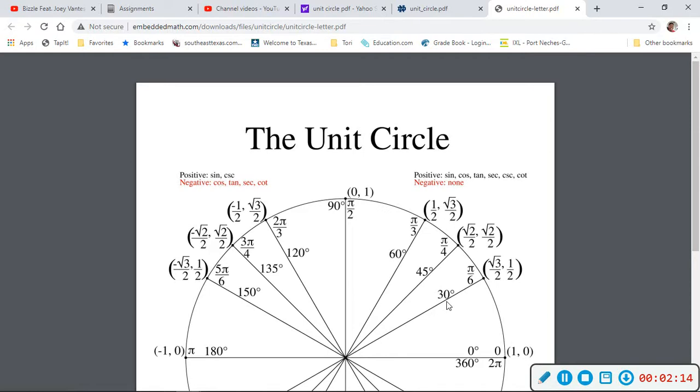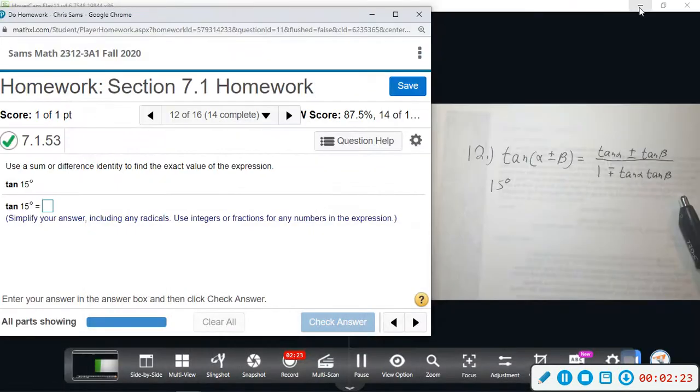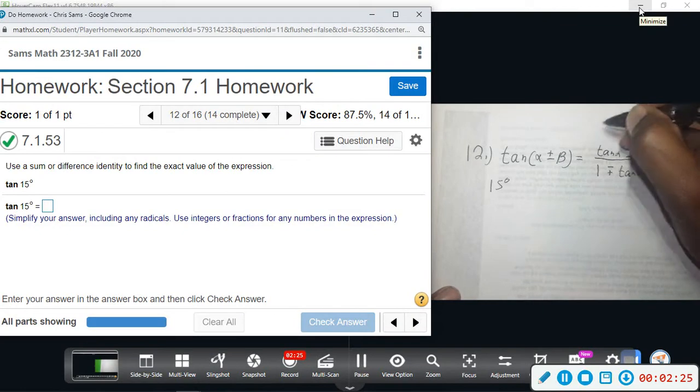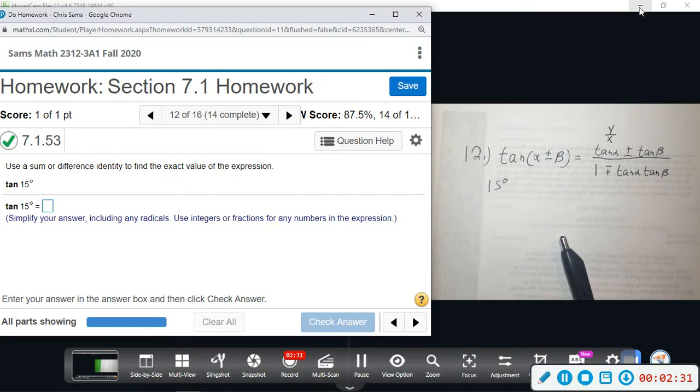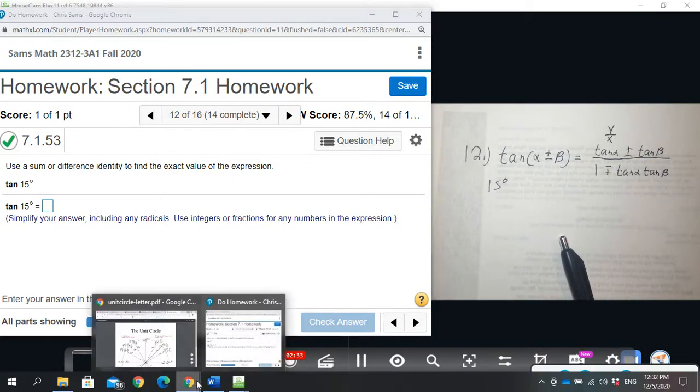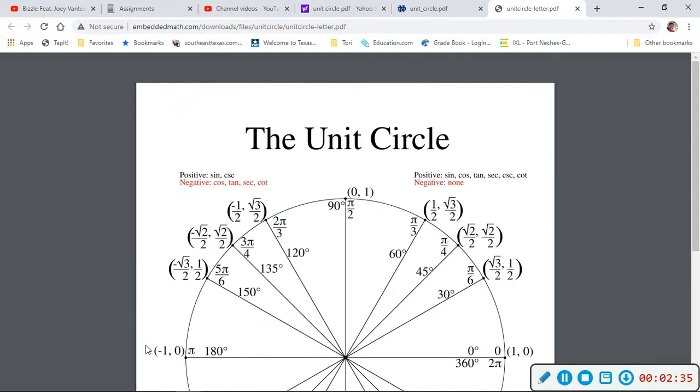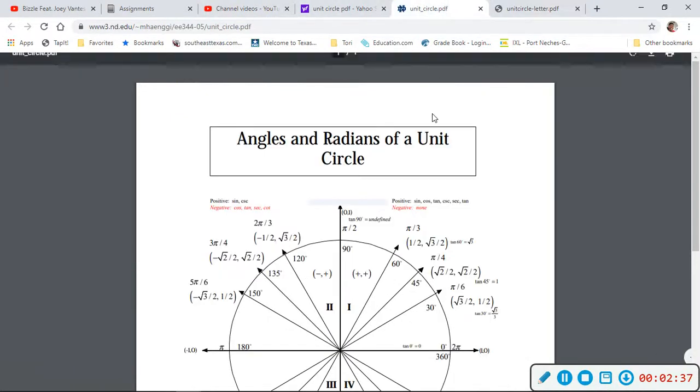Now, when you're using tangent, on the unit circle tangent is equal to the y coordinate divided by the x coordinate. So I have recently come across another unit circle that actually gives you the first few values of tangent.